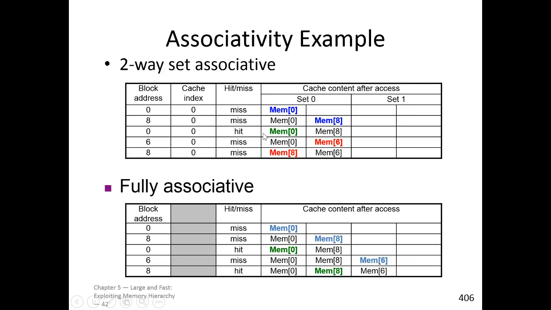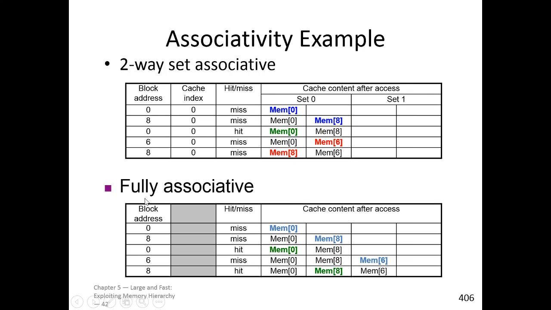You can see back at this instance of time up here on this row in the last request, the first part of set 0 is loaded with mem0, the second part of set 0 is loaded with mem8. So when we want to pull this in, we have to blow something away. So we blow away mem8, for example. Well, that's really a bugger because with a lot of temporal locality, we try to access 8 again, and it's not there, and we blew it away. So now we've got to bring it in again, and it's a miss.